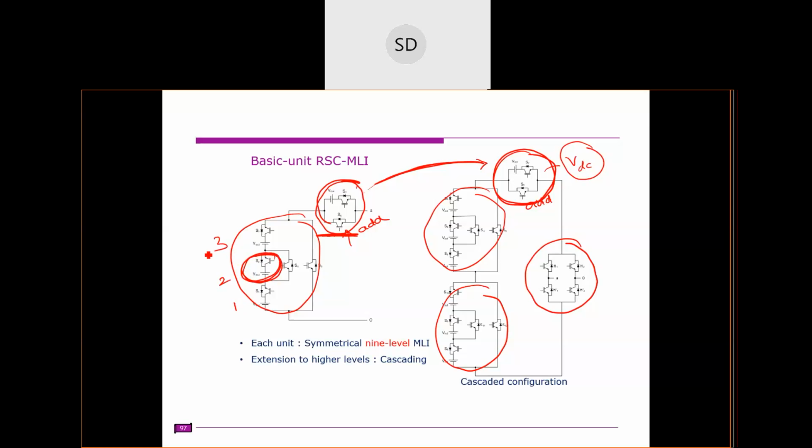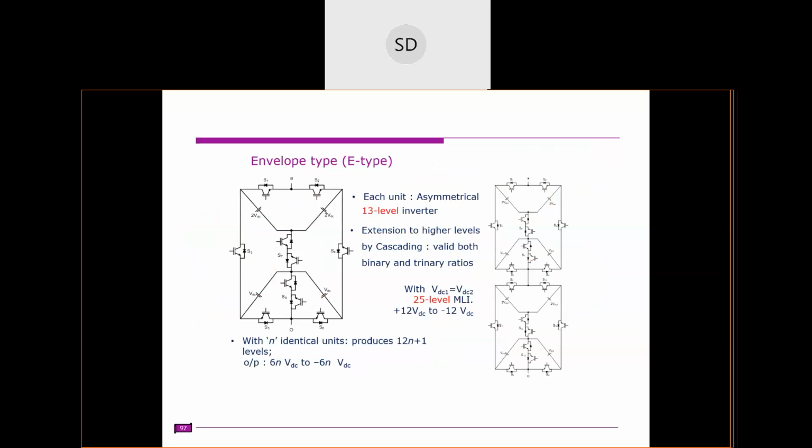It can also work with 1:2:3 ratio. When it is like this, we need to make sure that this middle one is 2 VDC, and this extra unit must be 2 VDC, because we are not individually accessing this middle one. Therefore the additional one must be equal to 2 VDC.